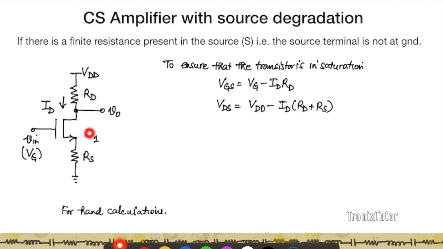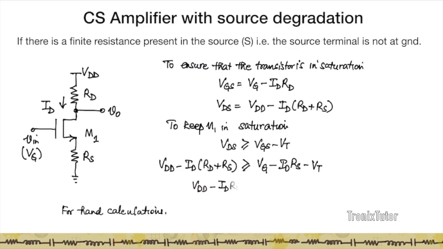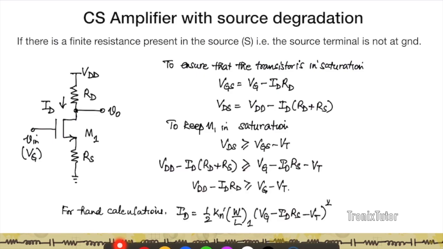The VDS of this transistor is given by VDD minus ID RD minus ID RS. So it's VDD minus ID into RD plus RS. And to keep M1 in saturation, you want VDS to be greater than VG minus VT, which gives you the relationship that VDD minus ID RD should be greater than VOV or VG minus VT.